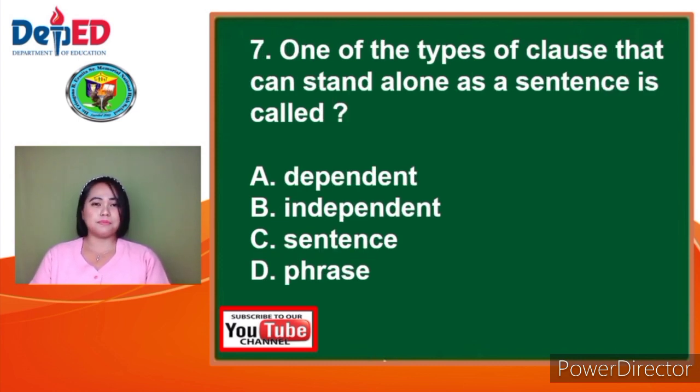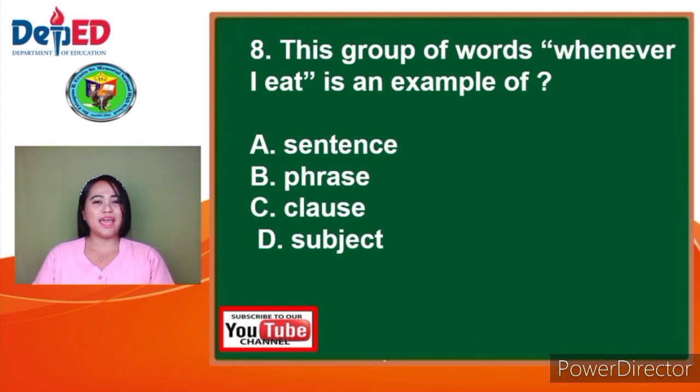Number 7. One of the types of clause that can stand alone as a sentence is called A. Dependent. B. Independent. C. Sentence. Or D. Phrase. It is independent. Letter B.